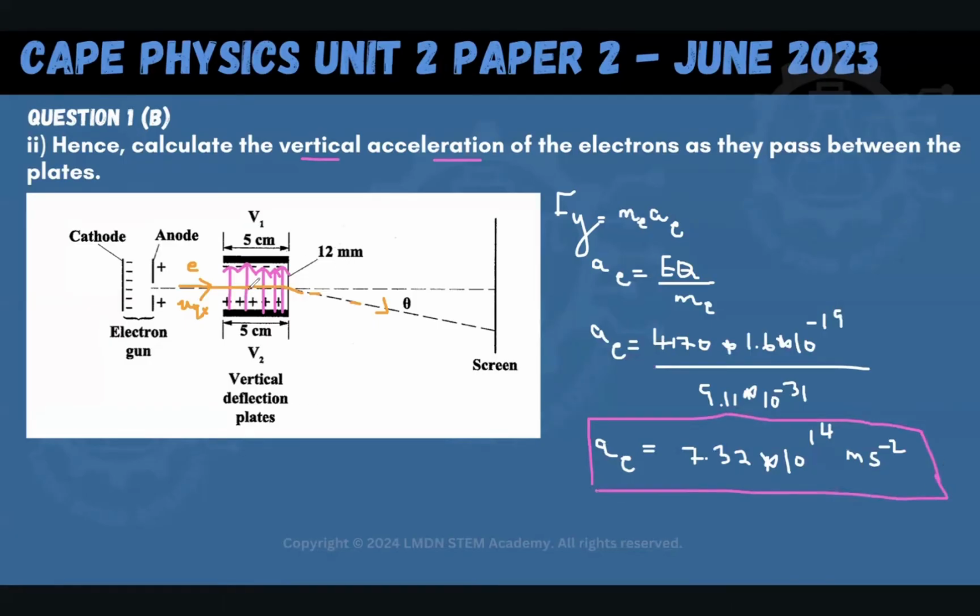Why is it vertical? Because the force is felt vertically, because the electric field is running vertically. So that is our vertical acceleration of the electrons as they pass through the electric field. So let's move ahead.